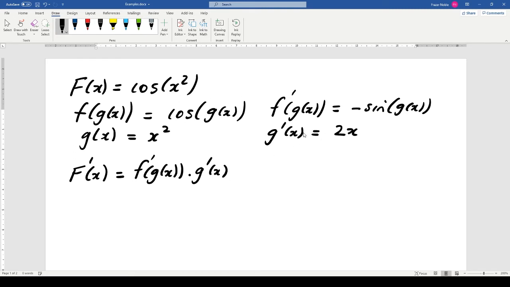So we could take these equations and substitute them into this one here and write it out as minus sine x squared times 2x, which we could then write as minus 2x sine x squared, which is the derivative for this problem.